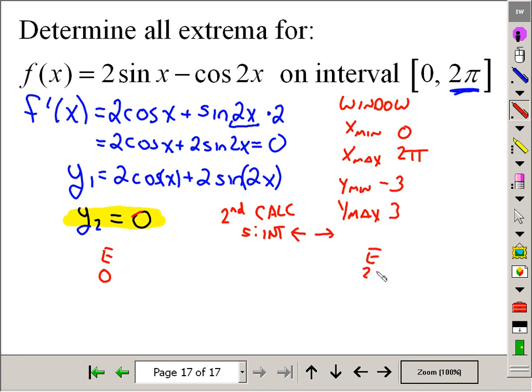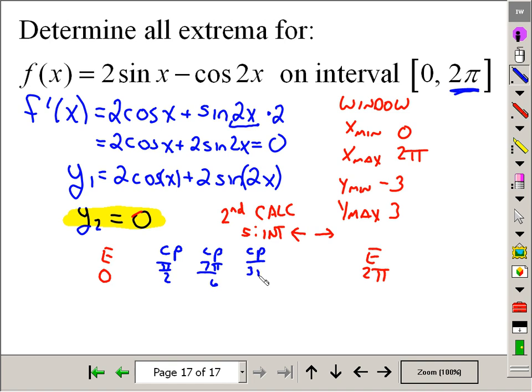We have an endpoint of 0, we have an endpoint of 2 pi, then we come up with critical points. Now yours are going to be decimals, but one critical point comes out to be pi over 2, which is 1.57. Another critical point is 7 pi over 6, which is 3.665.